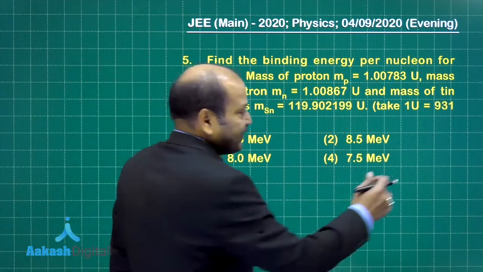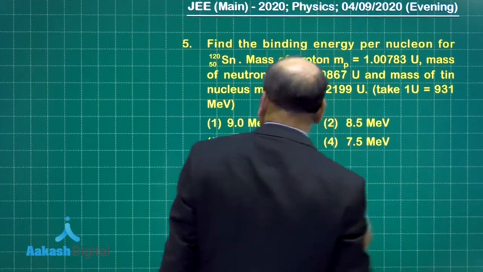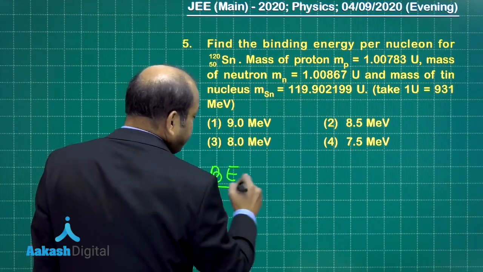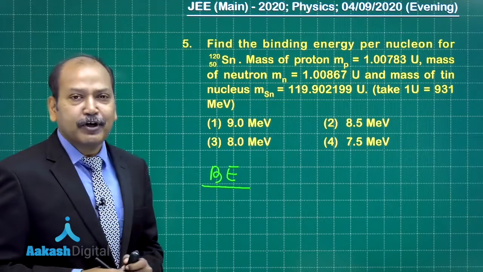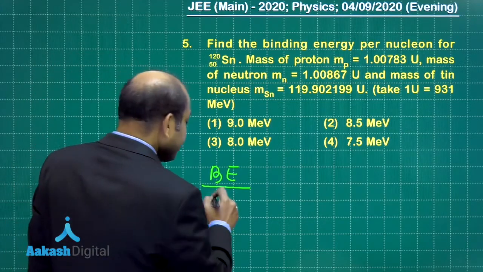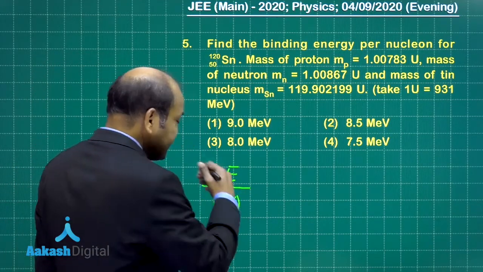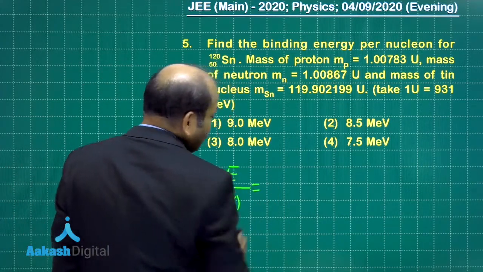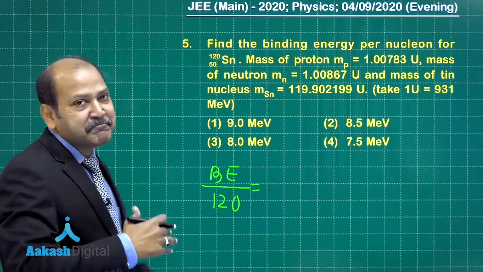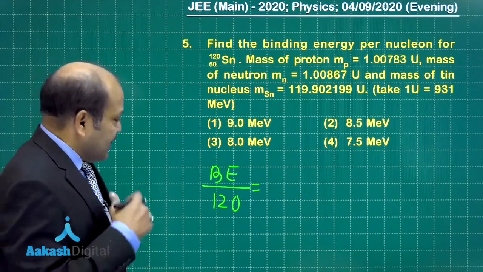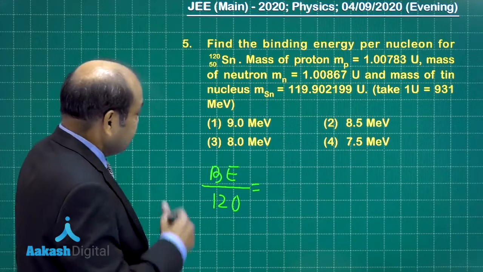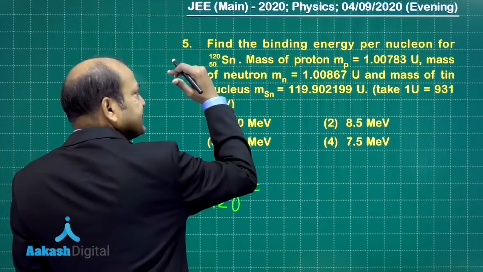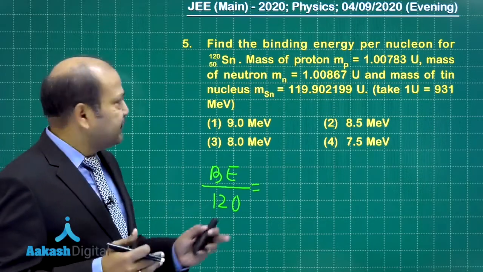Well, the expression for the binding energy per nucleon, so there are 120 number of nucleons here. So binding energy divided by 120, this is what we are supposed to find. What about the binding energy? This is equal to the mass defect into c square. So what is the mass defect here? Well, there are 50 number of protons and 70 number of neutrons. That's very clear.